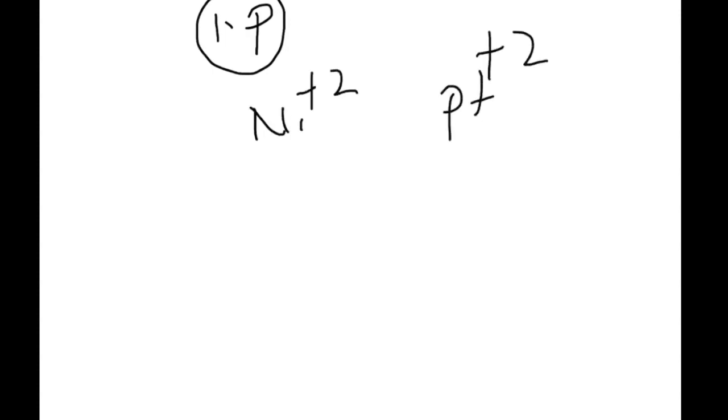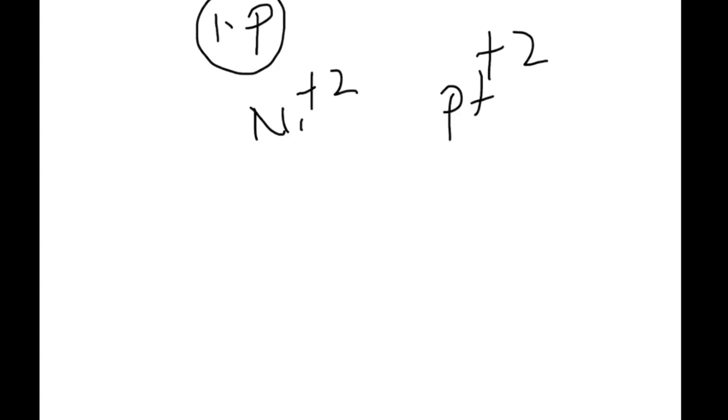The stability of different oxidation states we can also compare by using their ionization potential. If they possess low ionization potential to convert to the cationic form, that state will be thermally more stable. For example, nickel 2 plus and platinum 2 plus.